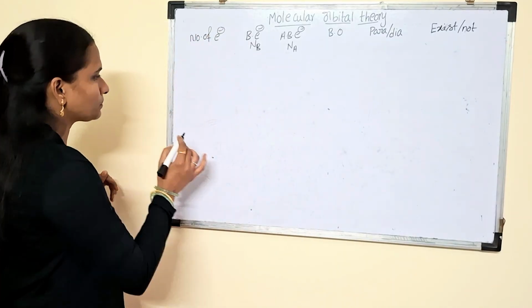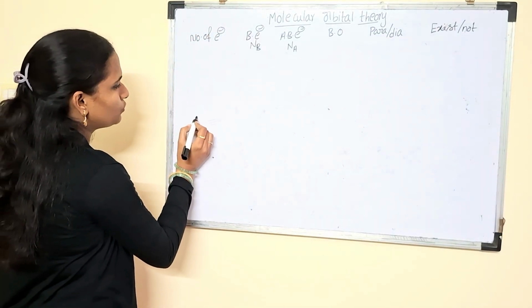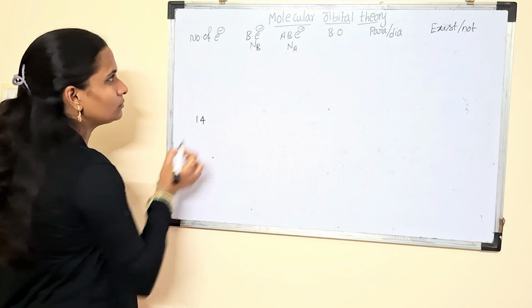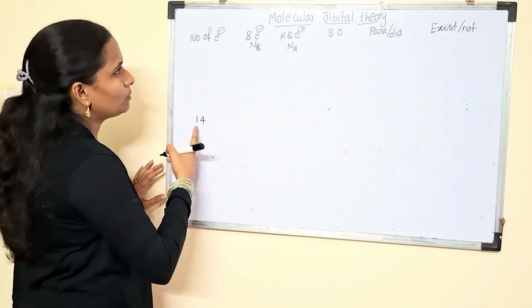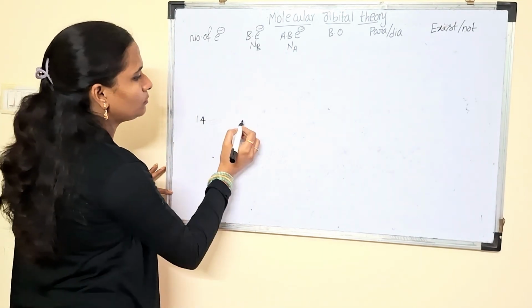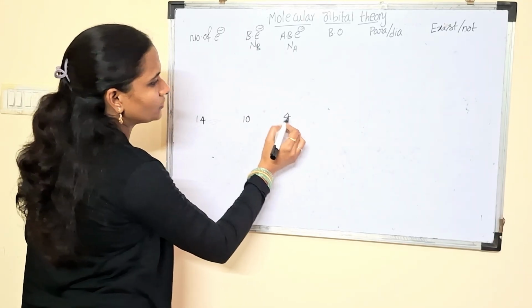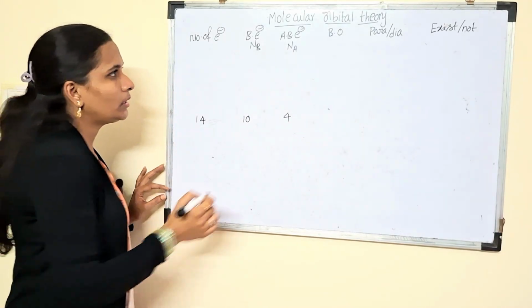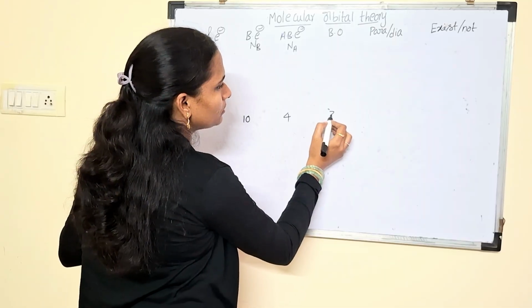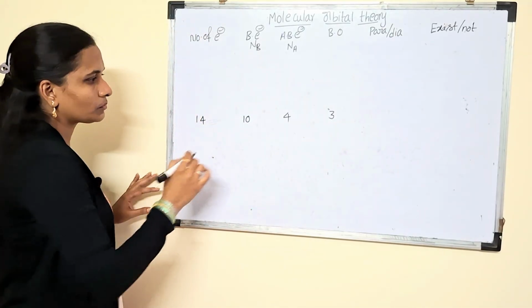So now first of all, the number of electrons is 14. This one you have to remember. Then bonding electrons are 10. Anti-bonding electrons are 4. Next, bond order is 3. Why?